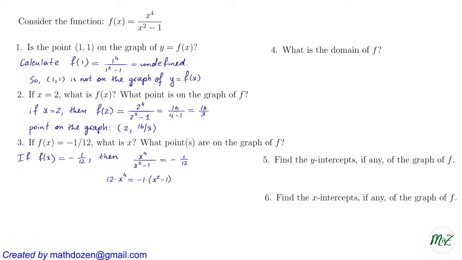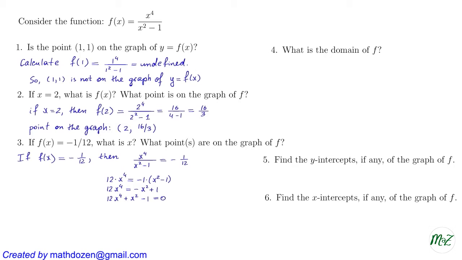Now if we cross multiply, we multiply x to the fourth by 1 and multiply 12 by the entire expression x squared minus 1 with a negative sign, we get this flat expression. 12 times x to the fourth is equal to negative 1 multiplied by x squared minus 1. If we distribute the negative 1, we get 12x to the fourth is equal to negative x squared plus 1.